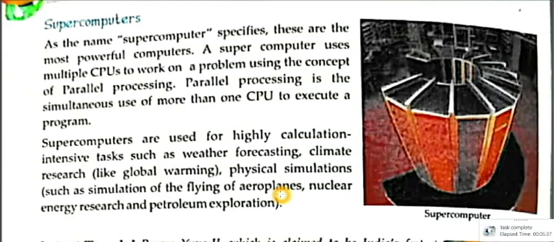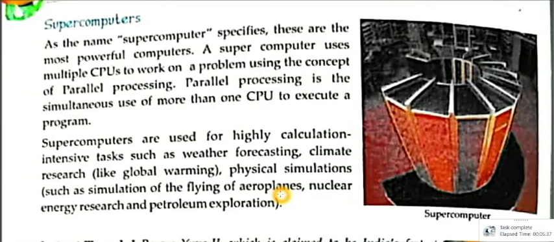Parallel processing is the simultaneous use of more than one CPU to execute a program. Supercomputers are used for highly calculation intensive tasks such as weather forecasting, climate research like global warming, physical simulation, such as simulation of flying of aeroplanes, nuclear energy research and petroleum exploration.